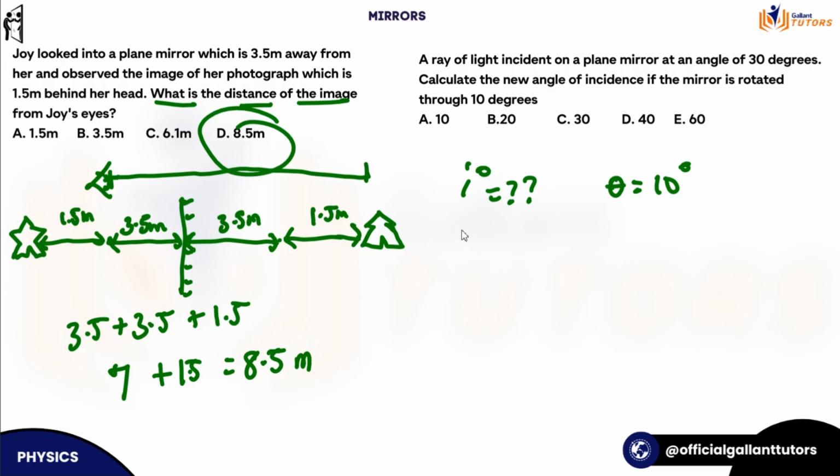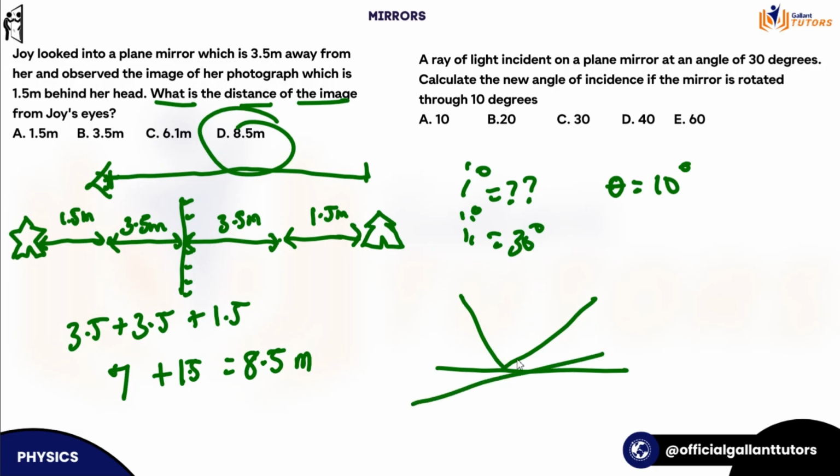Now, the initial angle of the incident ray is what? 30 degrees, right? All right. There's something I want you to note. When I was explaining this particular principle, that when the mirror is rotated, let's assume this is the rotated position now, I told you that this angle will become I plus theta.